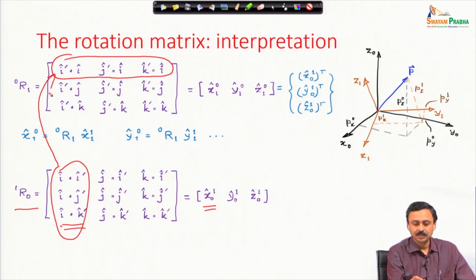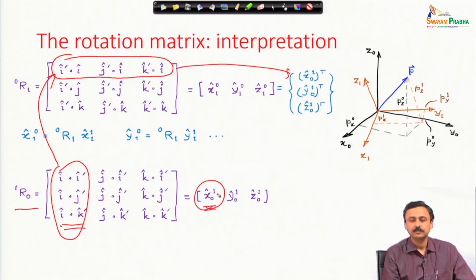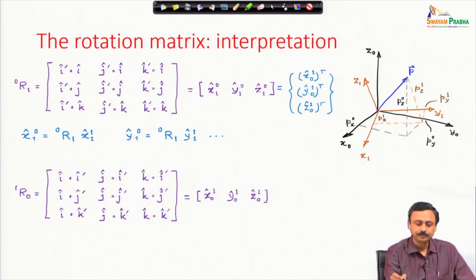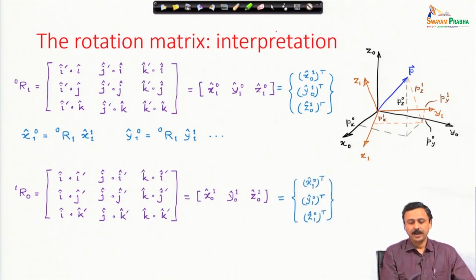Therefore, this whole row is nothing but the transpose of this column, and so on, and vice versa. Columns of R 0 to 1 are rows of R 1 to 0, and rows of R 0 to 1 are columns of R 1 to 0.